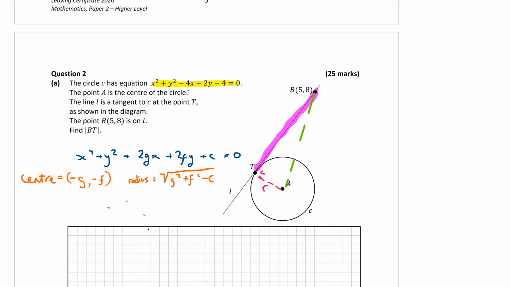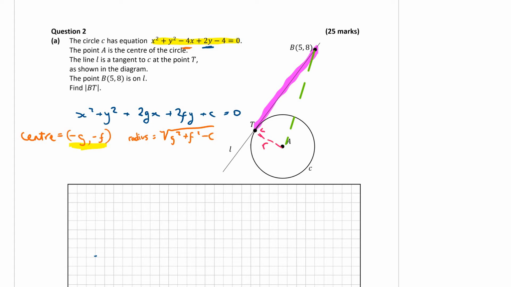And the center of the circle is represented by the numbers minus g and minus f. So if you know the coefficient of x in a circle, then you can work out the x value of the center. If you know the coefficient of y, then you can work out the y value of the center. And we can also use those numbers and the constant in the circle to work out the radius.